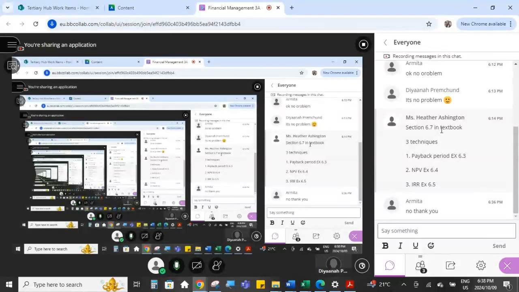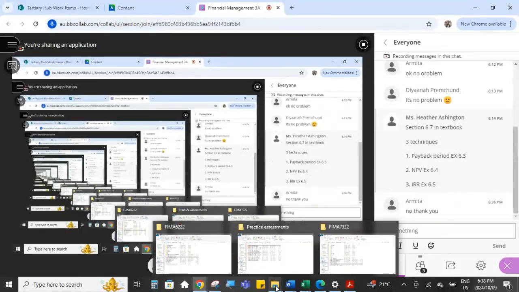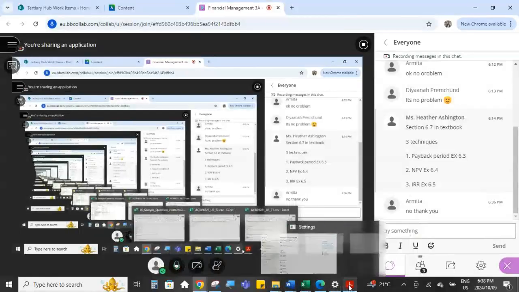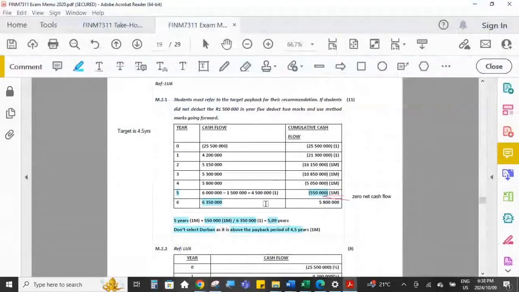Generally speaking, in an exam, they will give us a more complicated cash flow in a question than they've given us in question 6.1. In other words, in question 6.1 they've got the identical cash flow for every single year, just to simplify it.